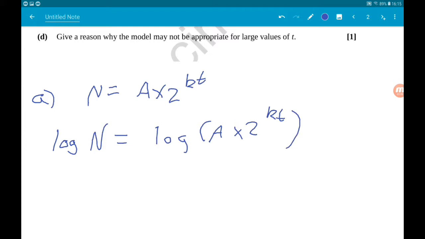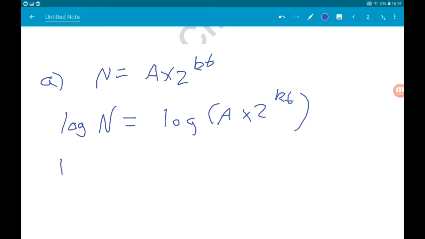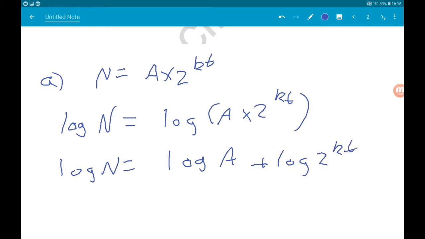Now, using the laws of logs, on the right we can split that into log a add log of 2 to the kt. So that's by using the addition law of logarithms. When you add logs together, you multiply the things inside of the logs. So we've just done that backwards.